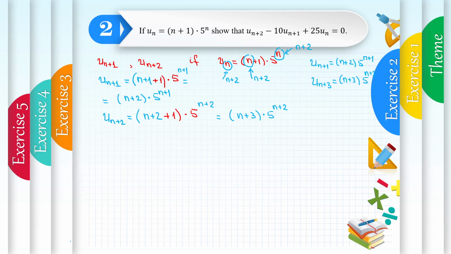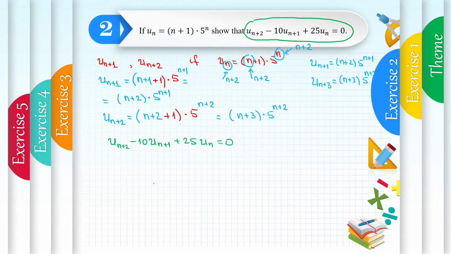Next, we are going to our expression that we have to show: un plus 2 minus 10 un plus 1 plus 25 un is equal to 0.